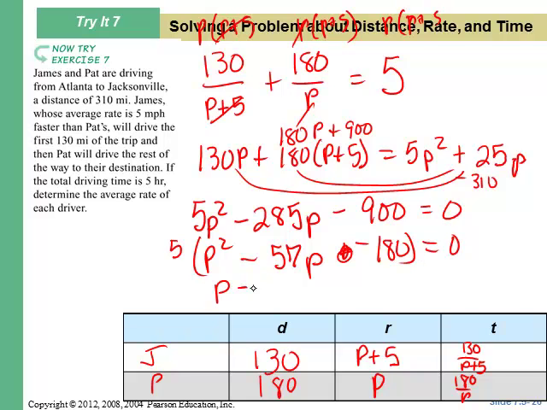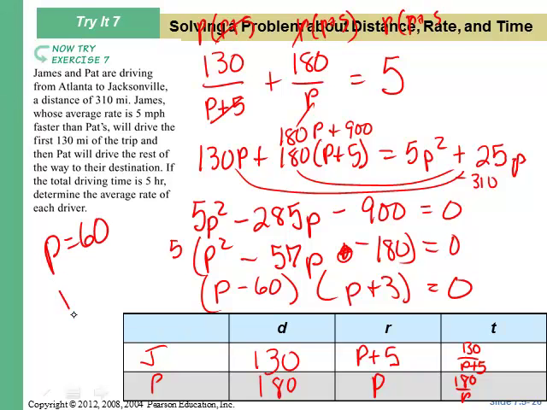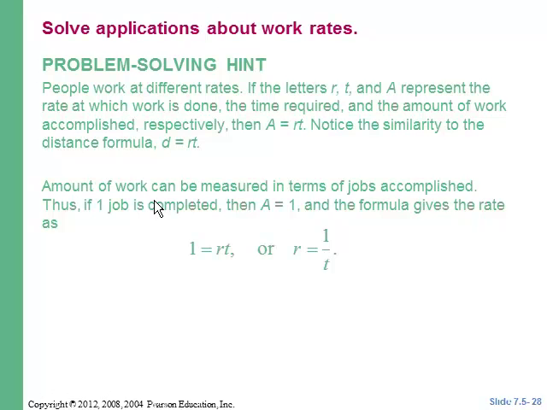So P minus 60, P plus 3 equals 0. Obviously, you can't have a negative rate, so P must be 60, so he's going 65. You notice how often the rate is 60 and 65? Wonder if that's going to be all the time.